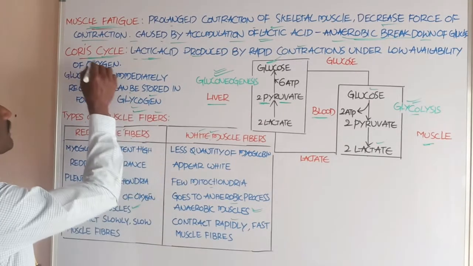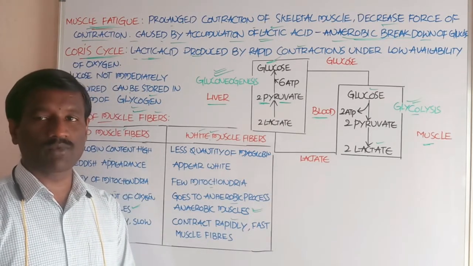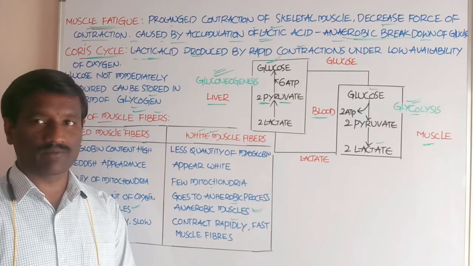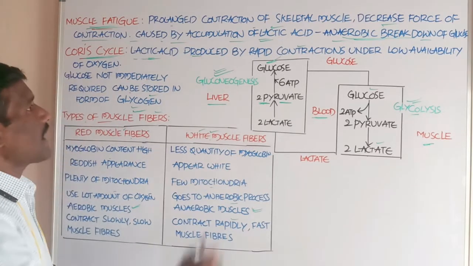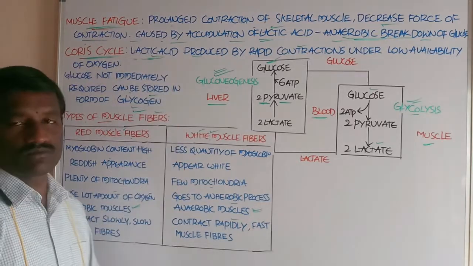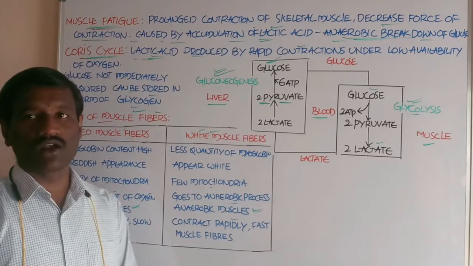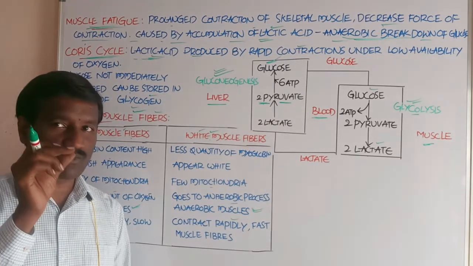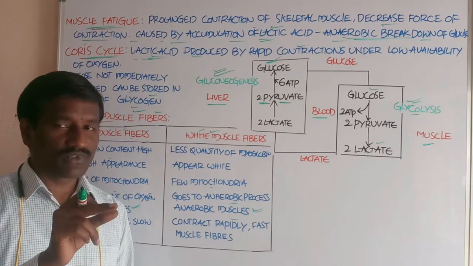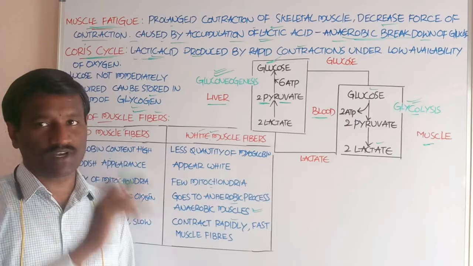Another topic is the Cori cycle. It was described and developed by Cori and Cori, hence it is named the Cori cycle. Lactic acid is produced by rapid contraction under low availability of oxygen. Lactic acid is produced in the muscle when the muscle goes into anaerobic respiration.